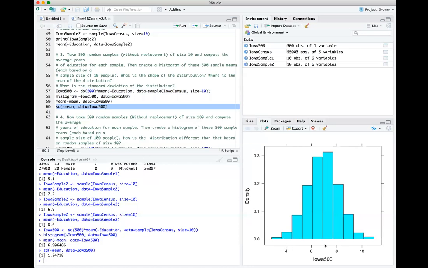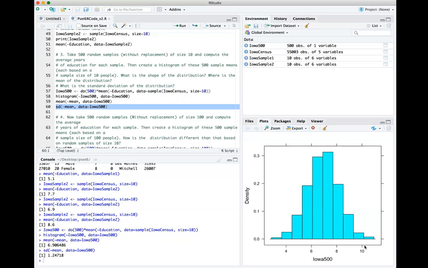So again, if we take a bunch of samples and estimate the population mean, the distribution of those samples is the sampling distribution. The mean of those samples is the point estimate.